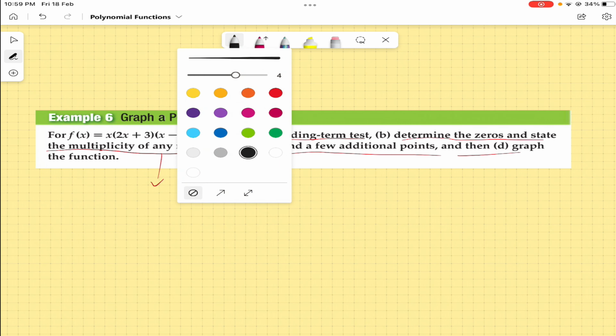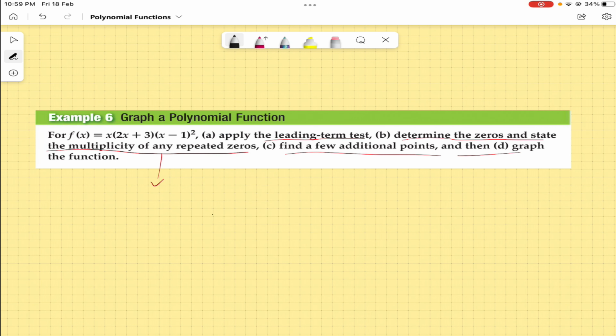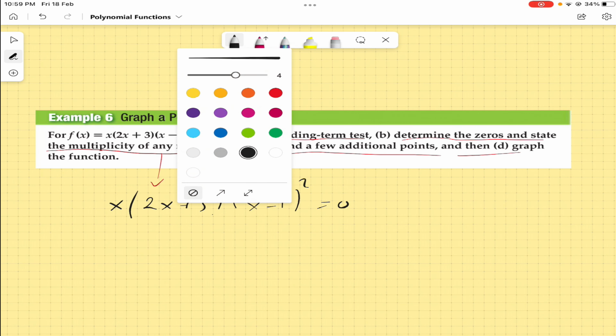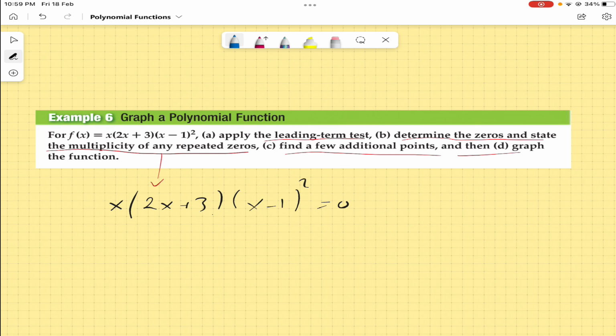So we're gonna start by putting the function equal to 0, from which we are able to solve it. Again, according to the zero product property, they are in the factored form, so we can say the first factor x is equal to 0, the second factor 2x plus 3 equal to 0, and the third factor x minus 1 is equal to 0.